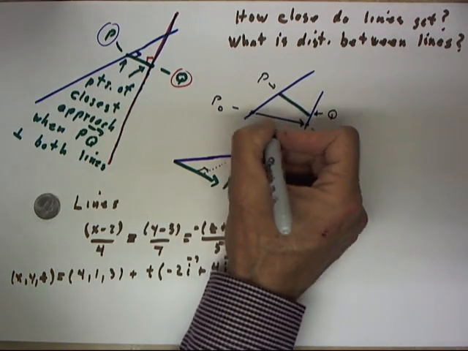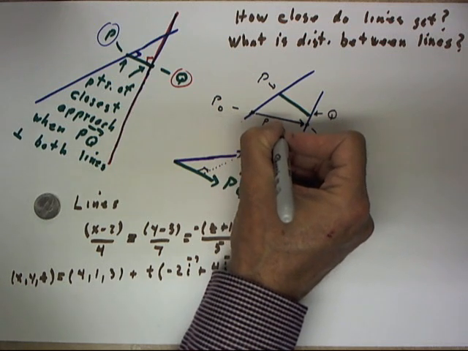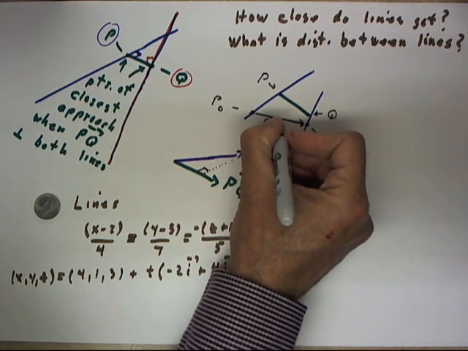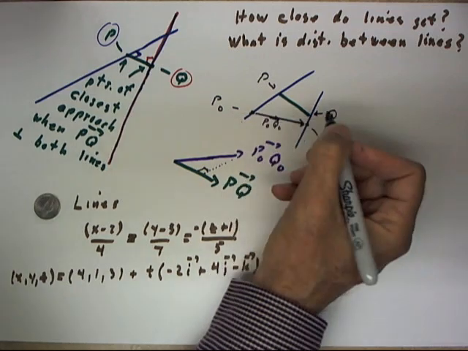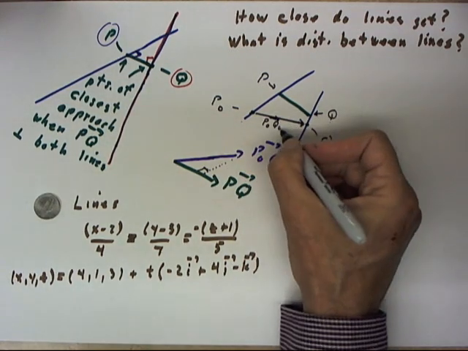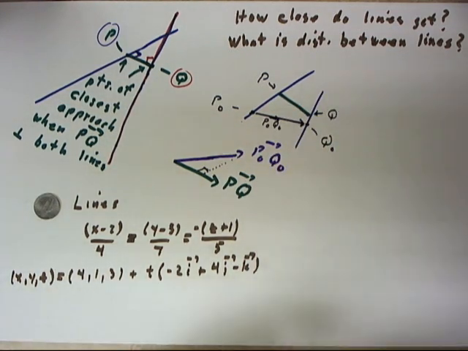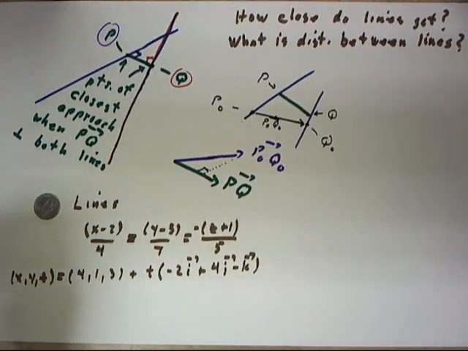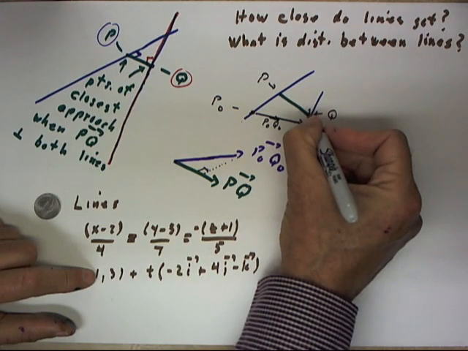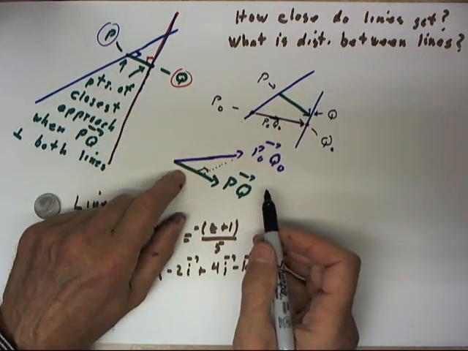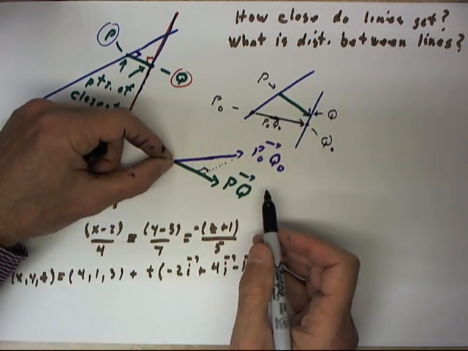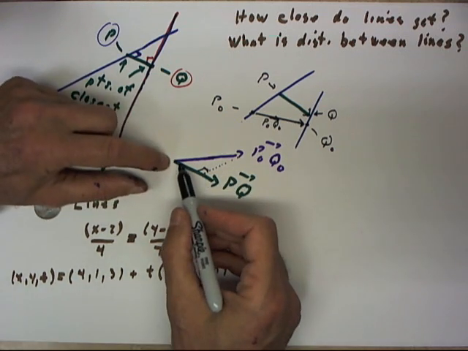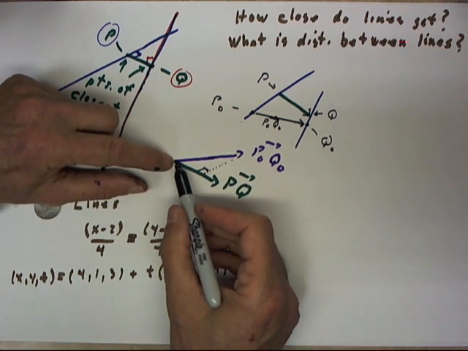So this vector here is the vector P naught Q naught. I didn't leave myself a lot of room, but I'm going to draw a little arrow over the top of that label. And we can represent the situation now, especially if we put a head on the vector PQ. We can isolate these two vectors, give them a common initial point, and we can illustrate the situation.